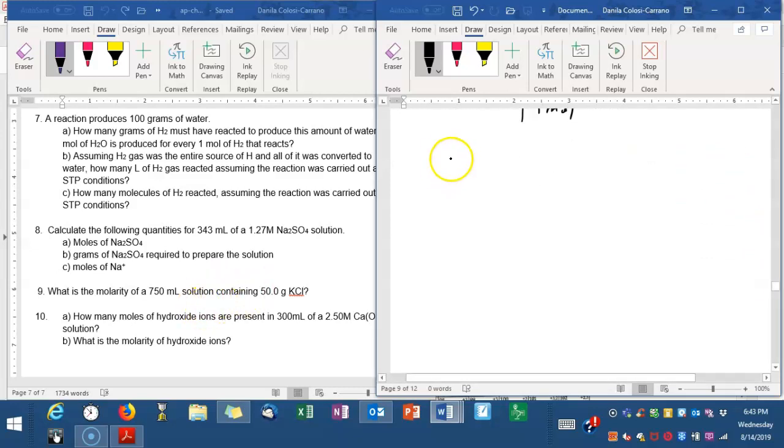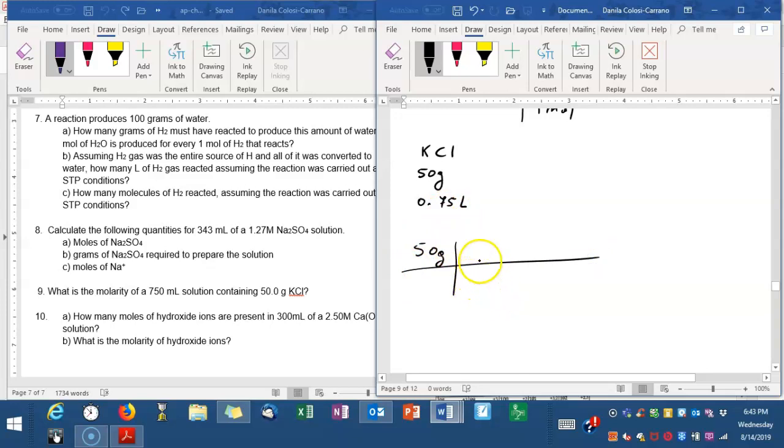9. What's the molarity if you have KCl? You have 50 grams of this, and you have 0.75 liters of that. So first of all, your 50 grams have to be converted to moles.